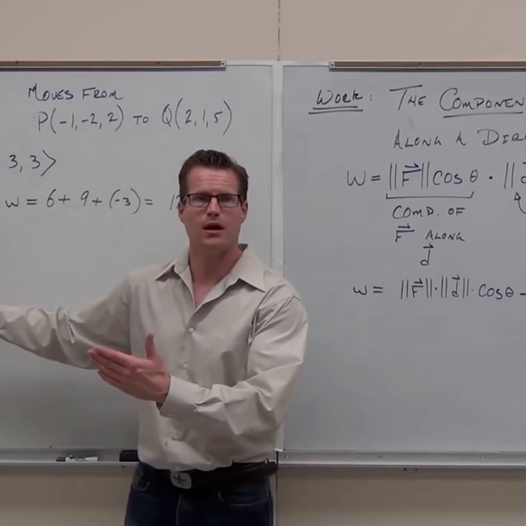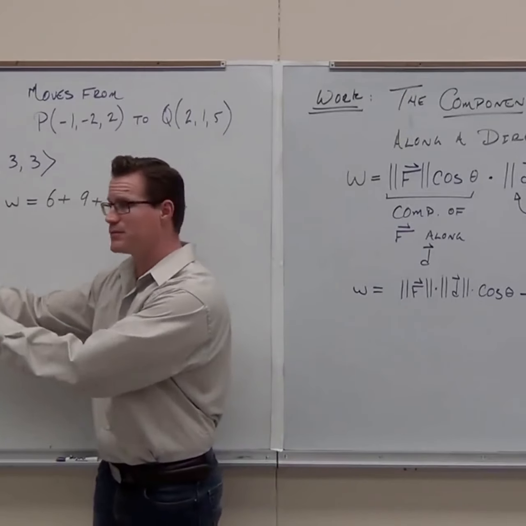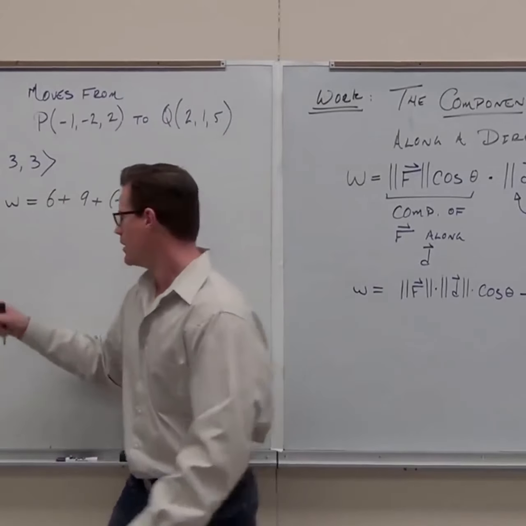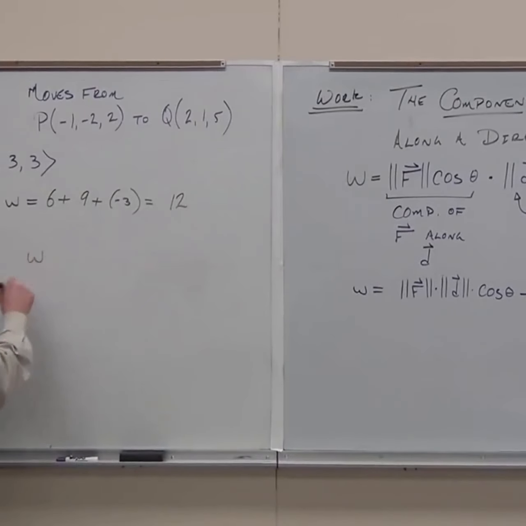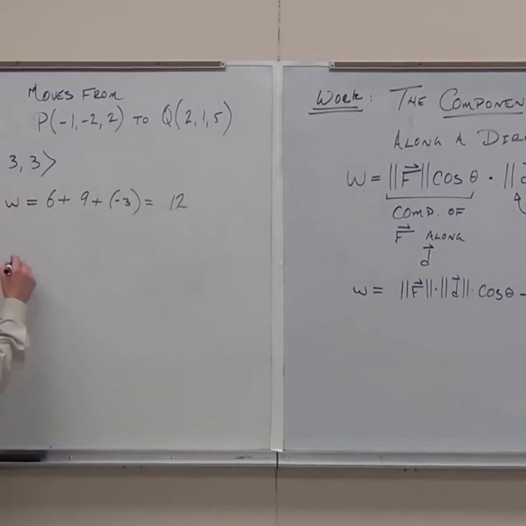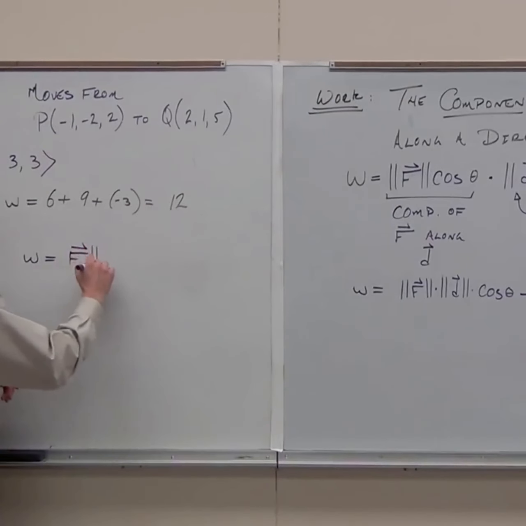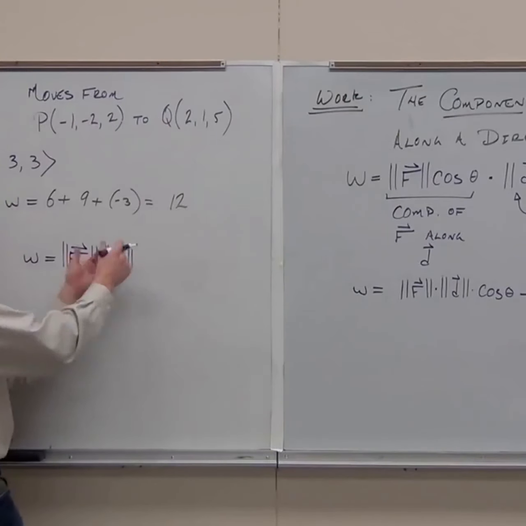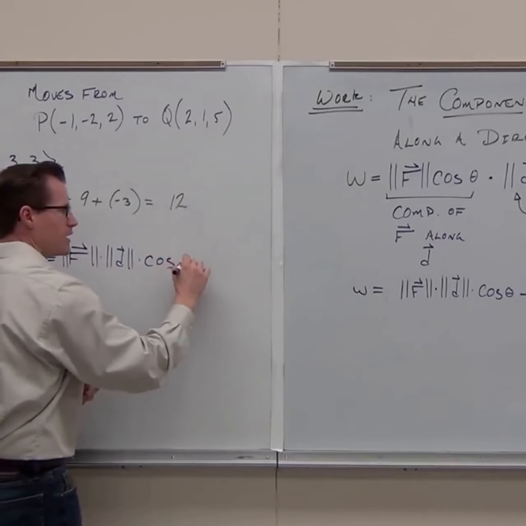What we're talking about here is, okay, I have 15 pounds of force. I'm not talking about gravity right now. We're saying I'm moving this dog, and that's enough to move him. So work. No, because I don't even have vectors, all right? Work is the magnitude of the force, the magnitude of the displacement, and then the cosine of the angle between them.